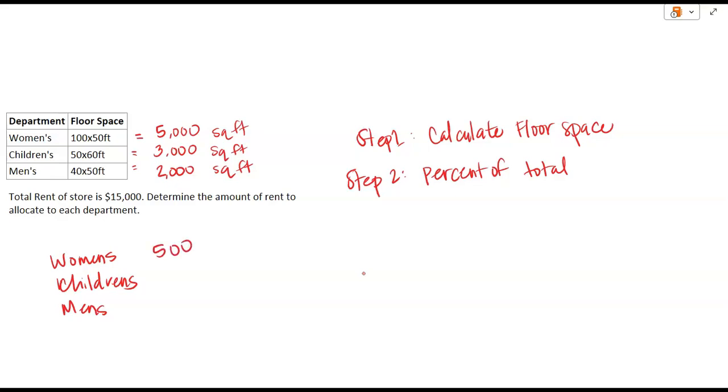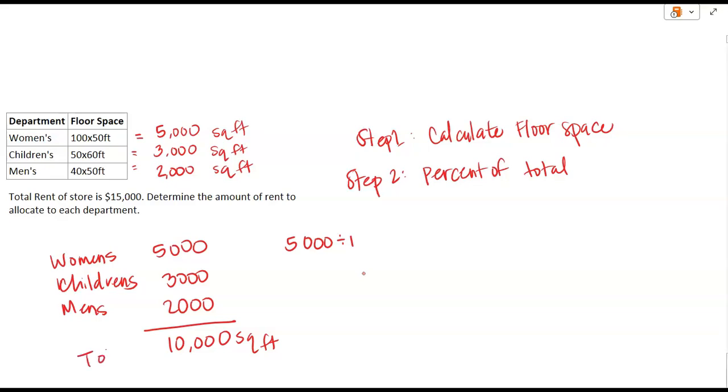Remember that was 5,000 square feet for women's, 3,000 for children's, and 2,000 for men's. If we add all of those up, we get a total of 10,000 square feet. To figure out the percent of total, we're going to take first for the women's 5,000 divided by the total square feet, and this gives me 0.5.